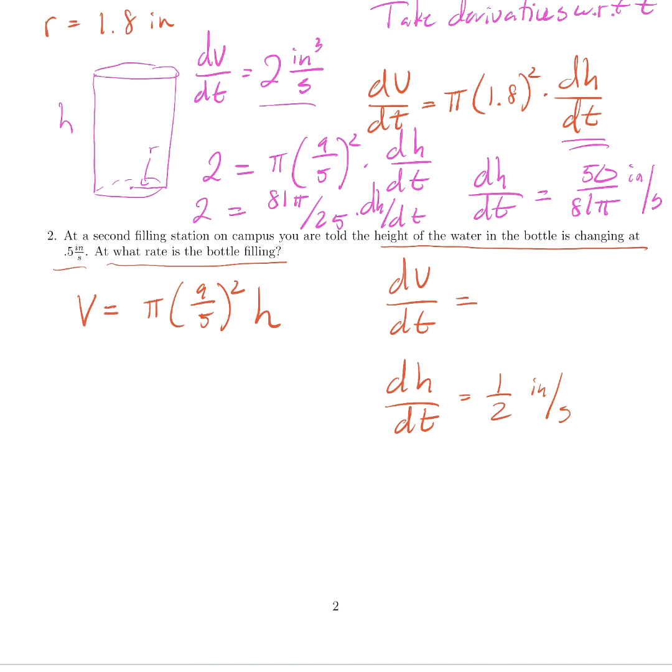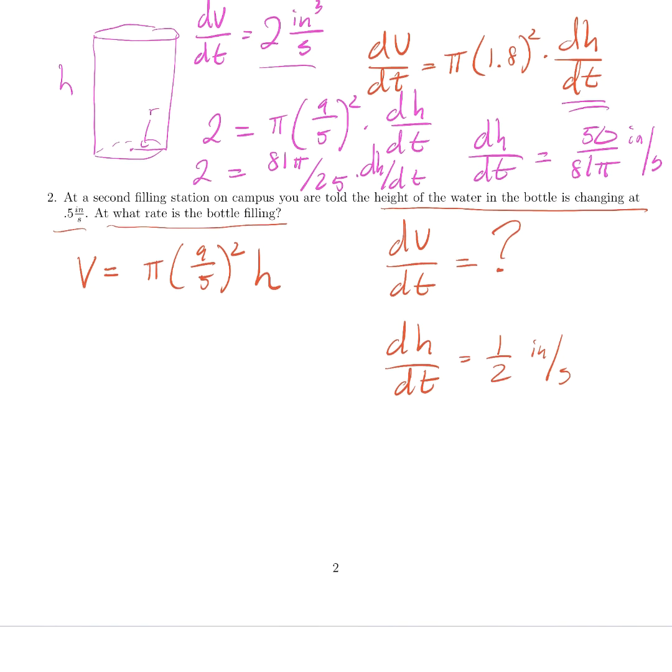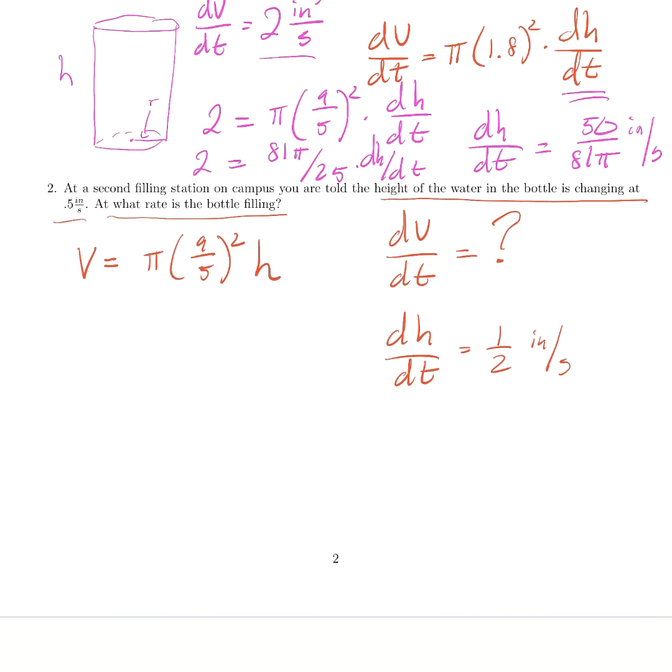So the rate at which it's filling is the rate of change of the volume with respect to time. The derivative is going to look exactly the same as above. dV/dt is equal to pi times 9/5 squared, that's just some number, times dh/dt.